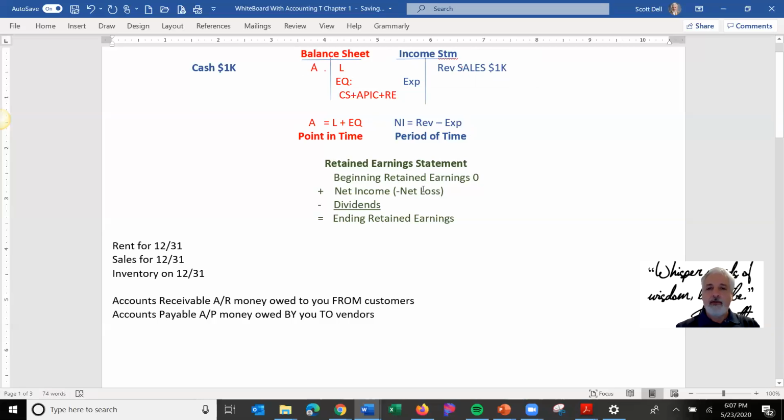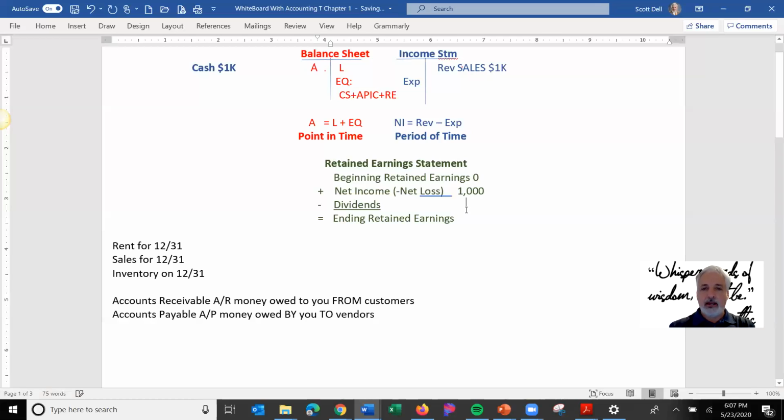So look at this. I've got beginning retained earnings of zero. What's my net income? Well, I've got zero in expenses. I've got $1,000 in sales. So what's my net income? Well, 1,000 minus 0 is $1,000. So beginning retained earnings of 0, I add $1,000 in net income.